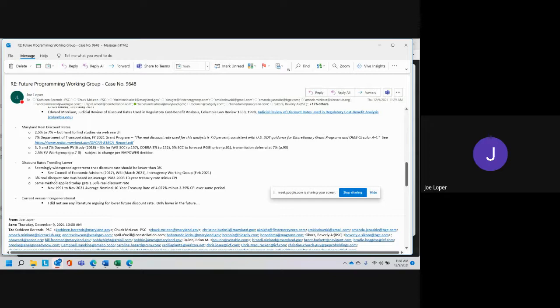But from staff, I went and looked in the wind case docket, and I saw some analysis, I think an ICF analysis, but I couldn't discern what they were using for discount rate. I don't know if anybody knows what discount rates were being used for the analyses in the wind case that might be instructive.